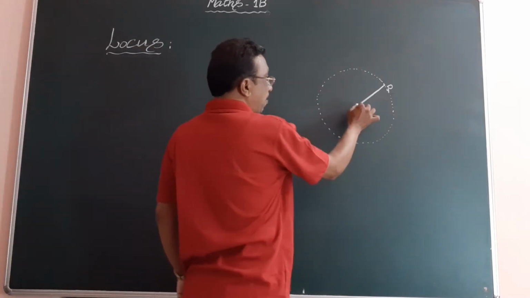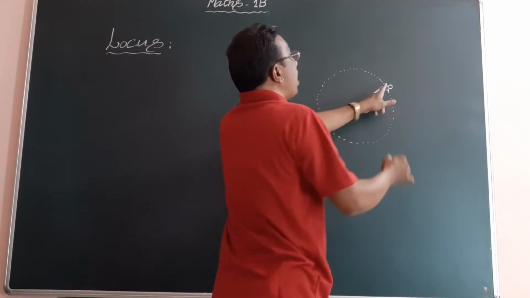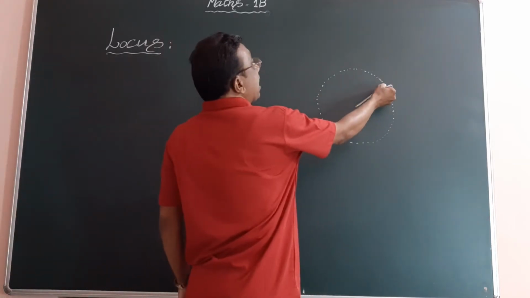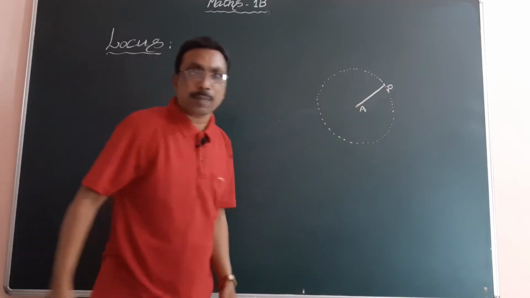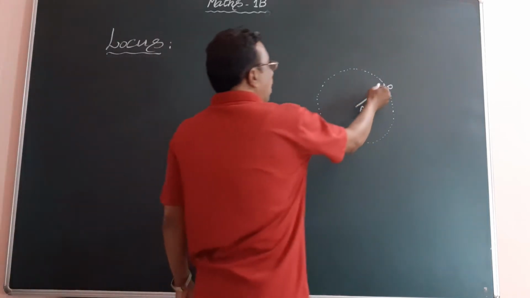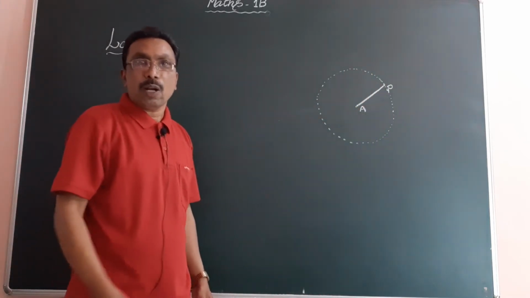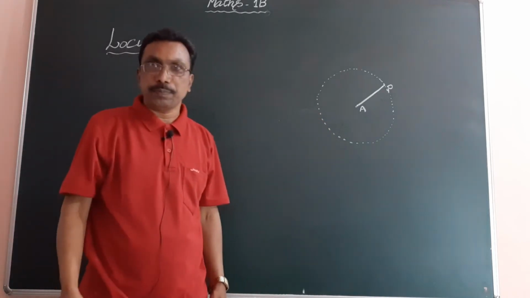First of all, we consider one point. After that we take another point and join these 2 points. This P rotates around the point A. Now we form one circular path. That path is a circular path.